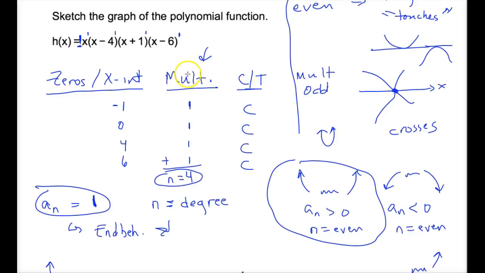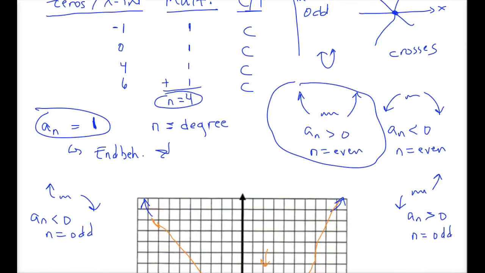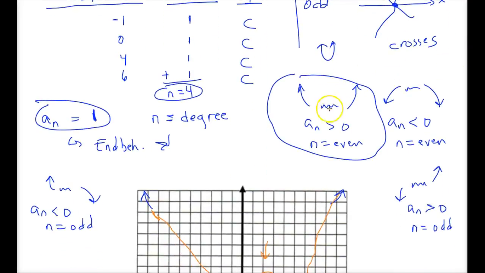And then from there, of course, the sum of the multiplicities gives us the degree. The leading coefficient in factor form is always the number that is out here. And of course, looking at the combination of whether the leading coefficient is positive or negative, and if the degree is even or odd, we have one of these four choices.